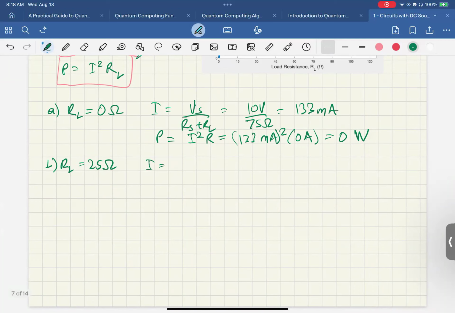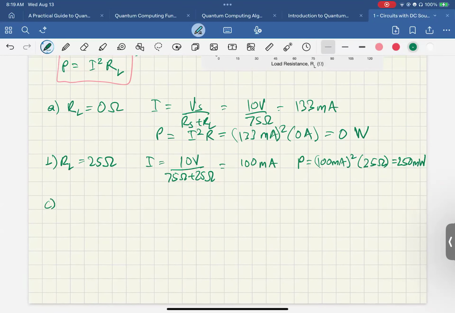In this case, we have 10 volts divided by 75 ohms plus 25 ohms. So that's 100 ohms, 10 volts divided by 100 ohms is 100 milliamperes. And yung power is 100 milliamperes squared times yung load, which is 25 ohms. This is equal to 250 milliwatts.